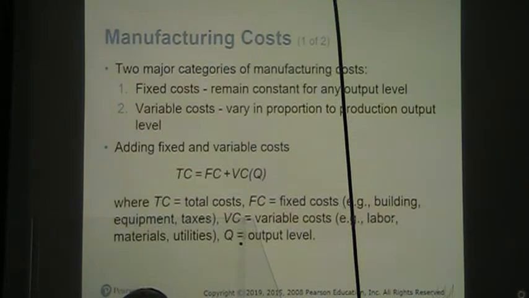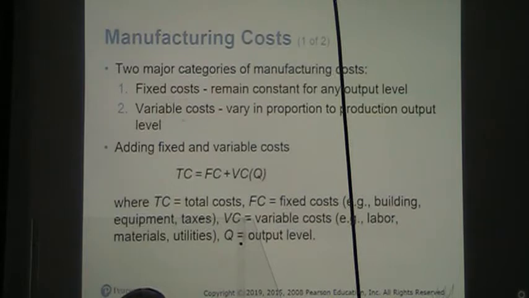So our major categories for our manufacturing costs, first of all, are fixed cost. The fixed costs remain constant no matter what our output level is. So that is the cost of owning the machine, the cost of owning the facility, insurance, custodial staff, overhead staff, etc.